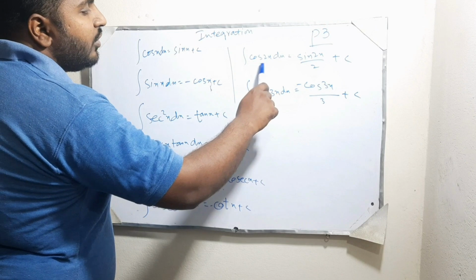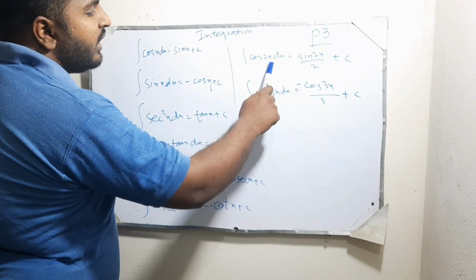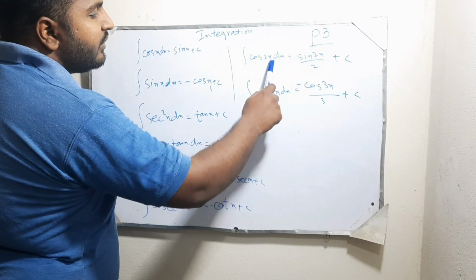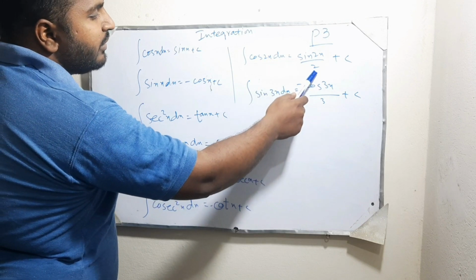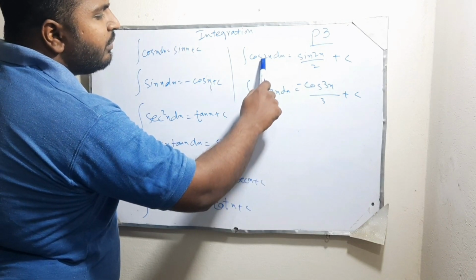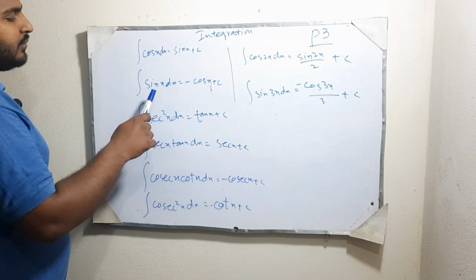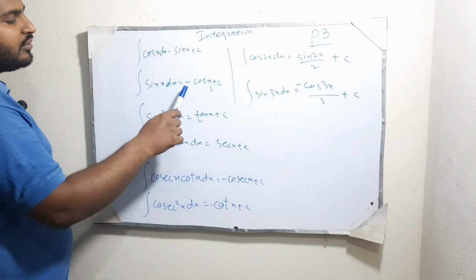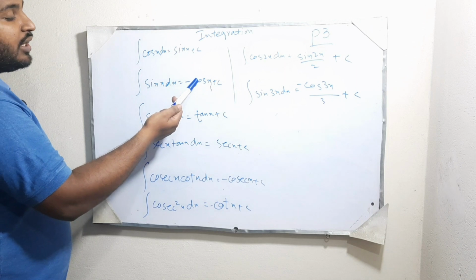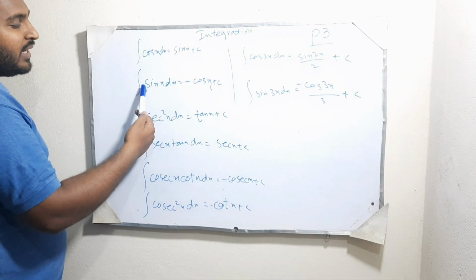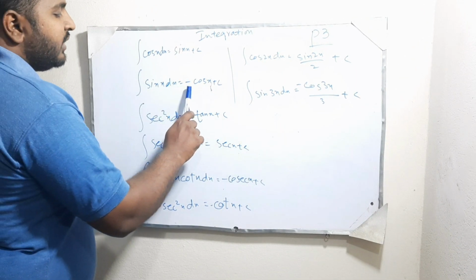The integration of cos 2x would be sin 2x, and the derivative of this 2x would come down like this. Here simply k would be divided, plus c. Here integration of sin x would be minus cos x, because the derivative of cos x was minus sin, therefore minus is included here.